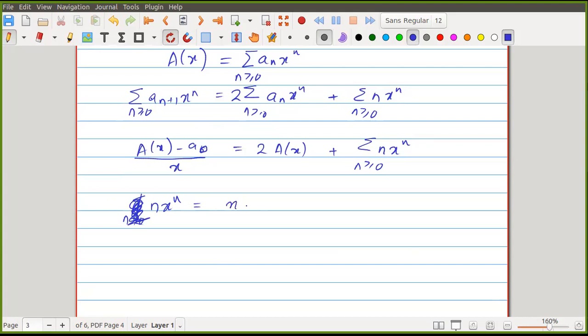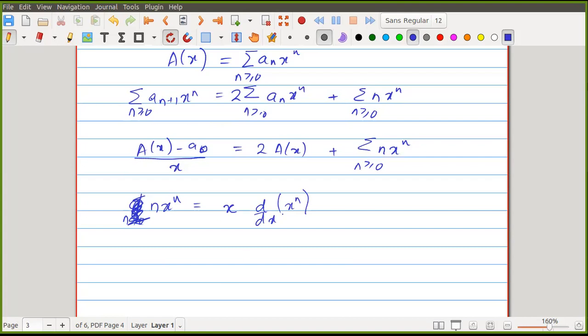Can this be written as x? Ma'am, is it x by 1 minus x whole square? Yes. So it seems like you have already done this sort of thing.